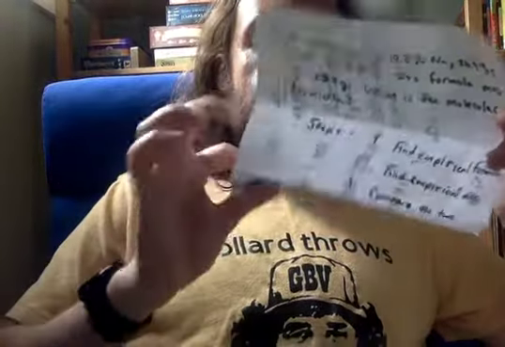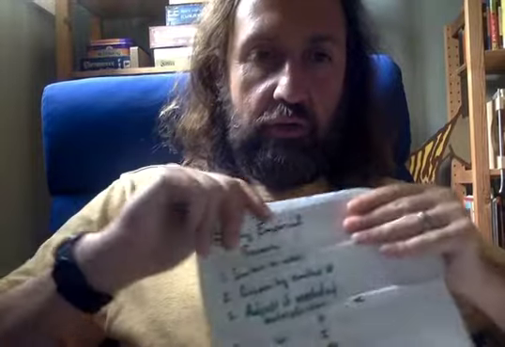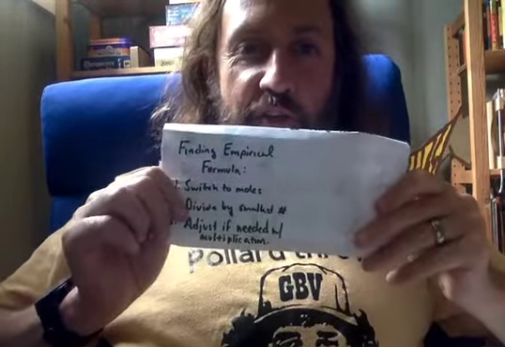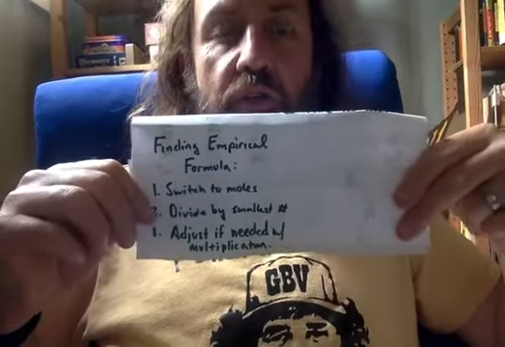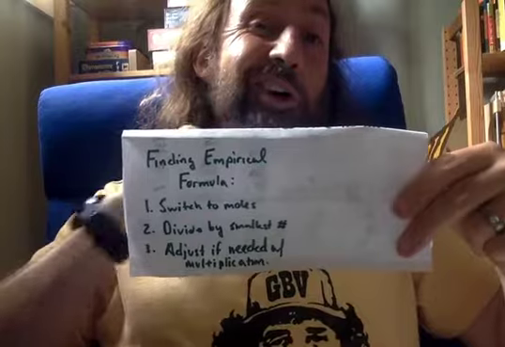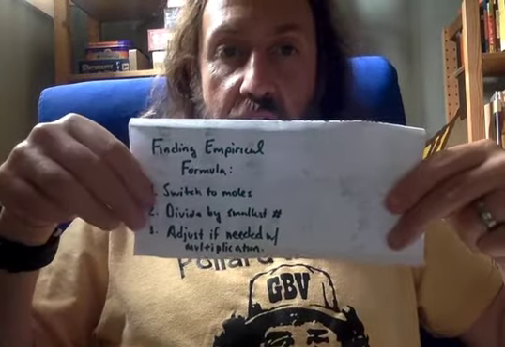Okay? So the steps to finding the empirical formula are like this. I'm trying to do this so we don't get ahead of ourselves here. At this point, you can go and try the problem. Stop the video. I'll have the answer when you're back.